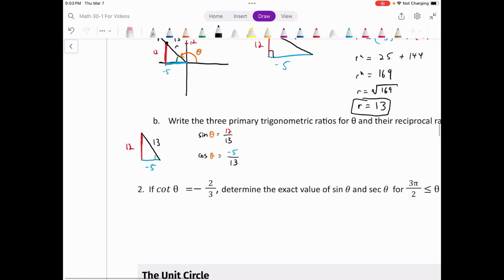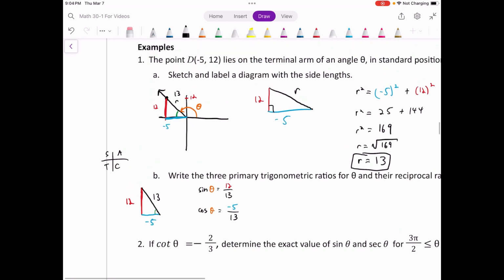X over r. And again, we can double check with our CAST, or what some students like to do is just leave the negatives out and then use CAST to tell you what the ratio would be. Just make this 5 and say, okay, it's adjacent over hypotenuse, but I know that this angle is really in quadrant 2 and cos should be negative in quadrant 2. Sine would be positive.